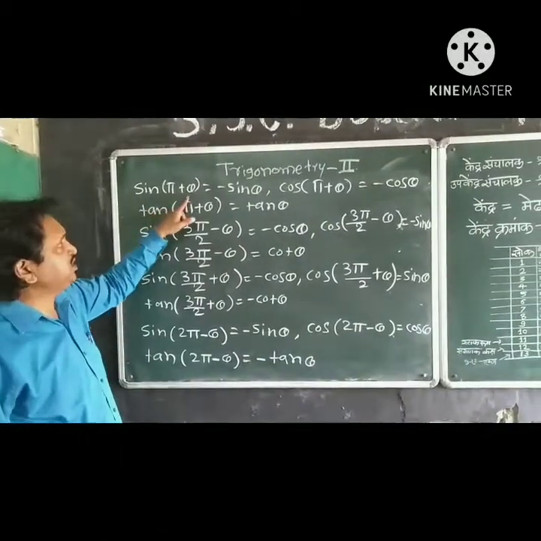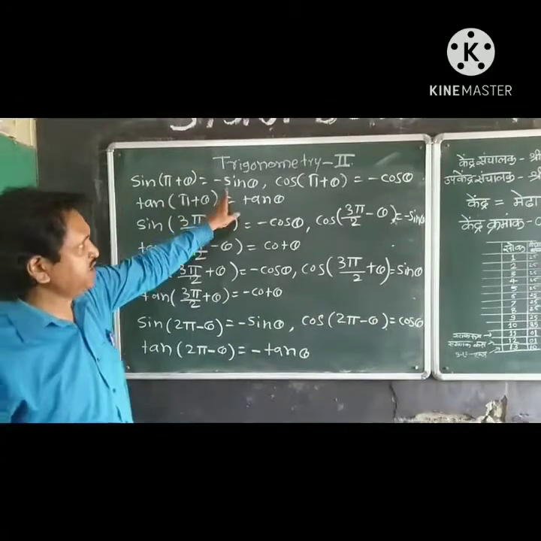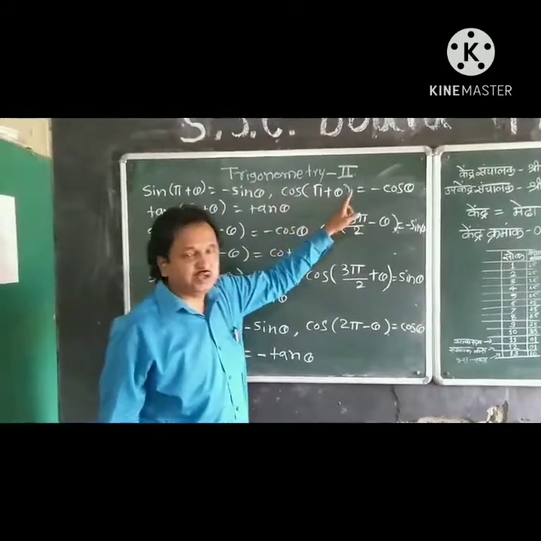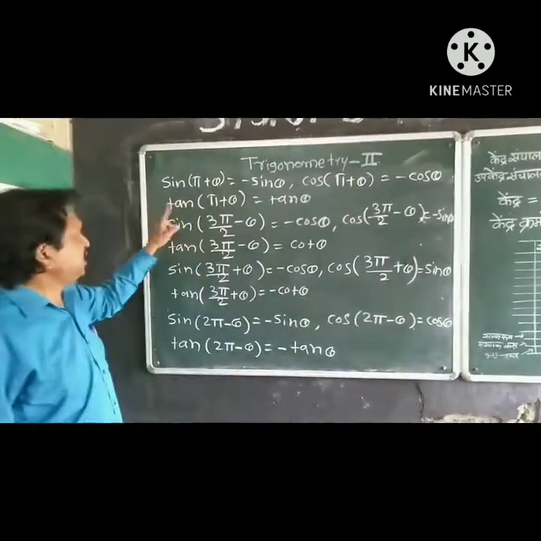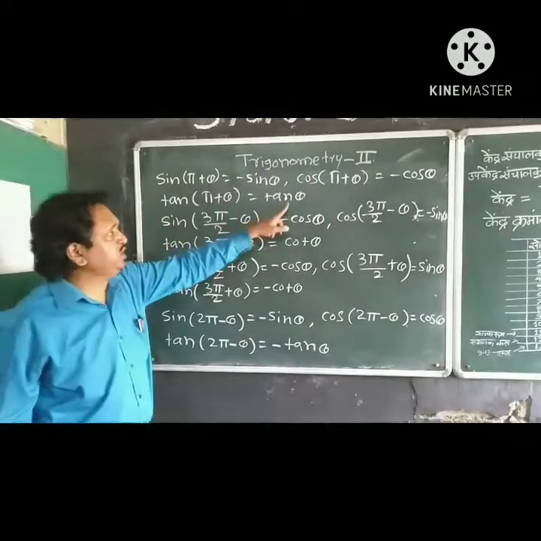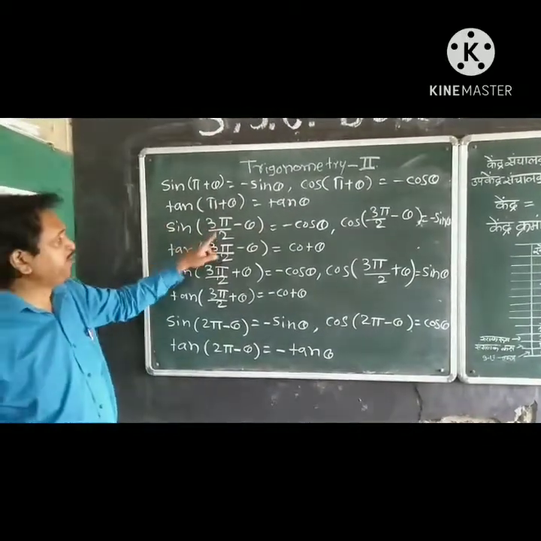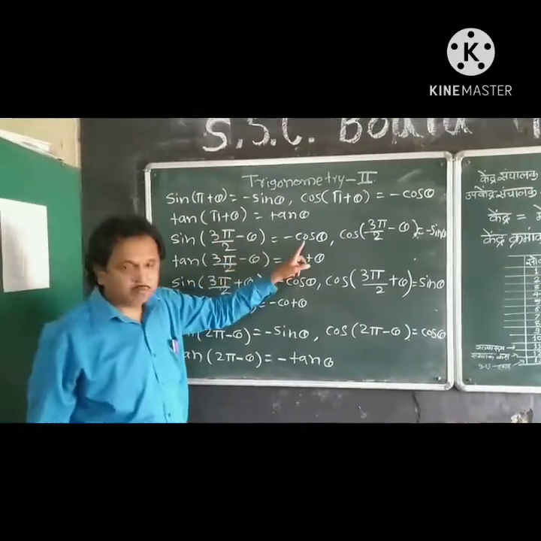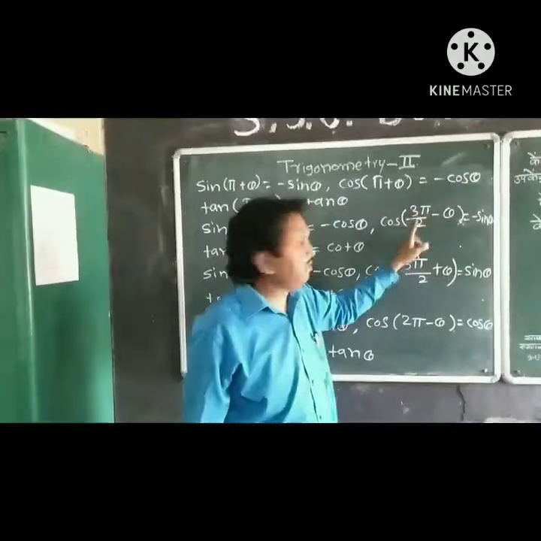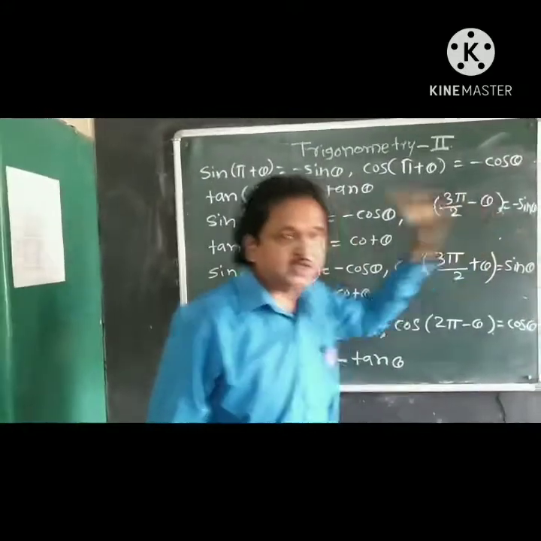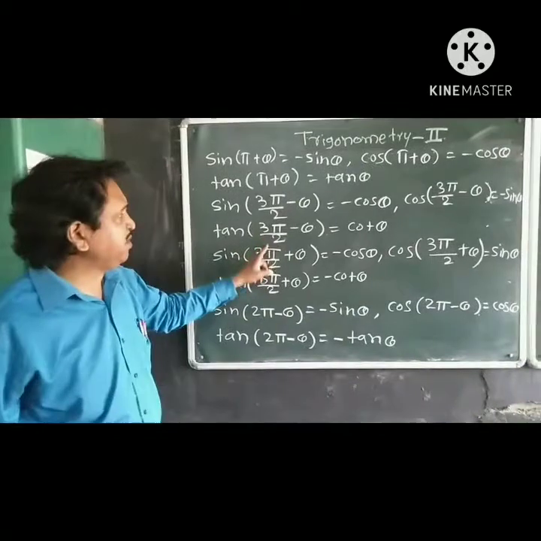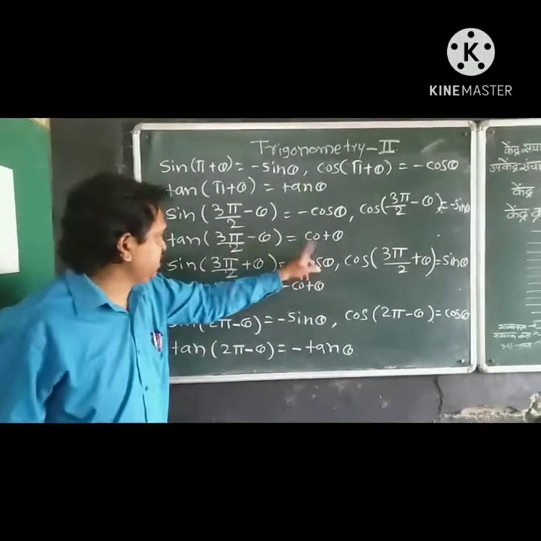Sin(pi plus theta) is equal to minus sin theta. Cos(pi plus theta) is equal to minus cos theta. Tan(pi plus theta) is equal to tan theta. Sin(3 pi by 2 minus theta) is equal to minus cos theta. Cos(3 pi by 2 minus theta) is equal to minus sin theta. Tan(3 pi by 2 minus theta) is equal to cot theta.